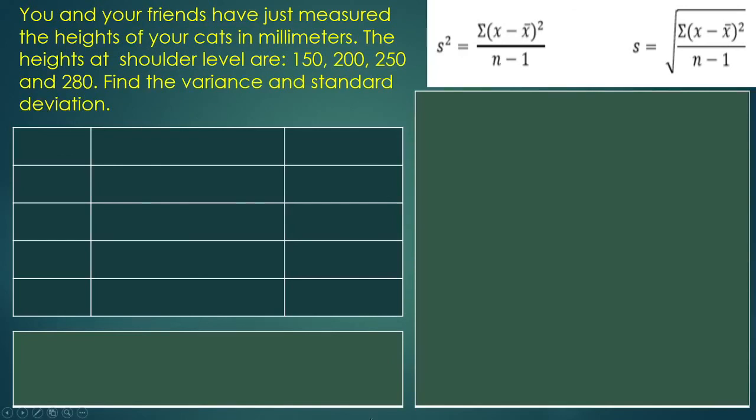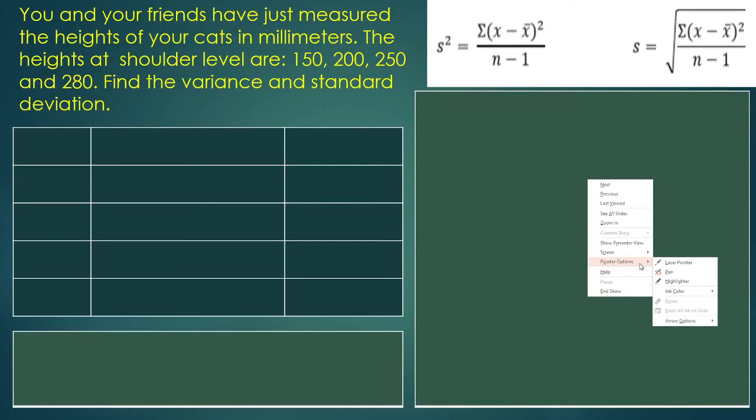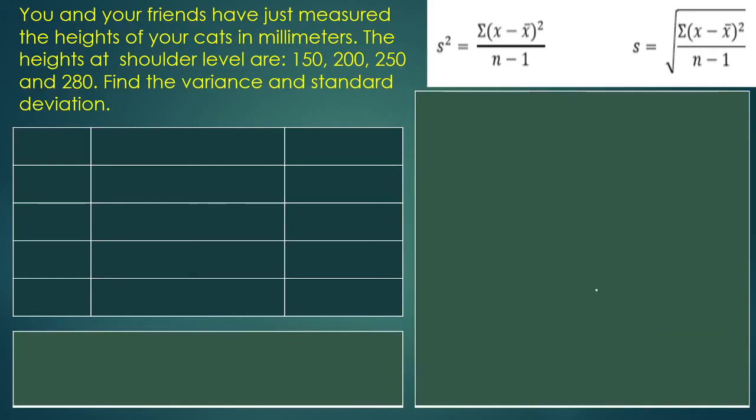In our first example, you and your friends have just measured the heights of your cats in millimeters. The heights at shoulder level are 150, 200, 250, 280. Find the variance and the standard deviation.